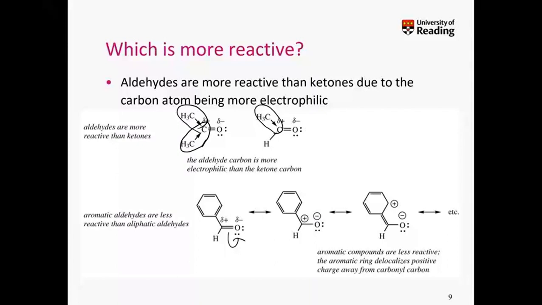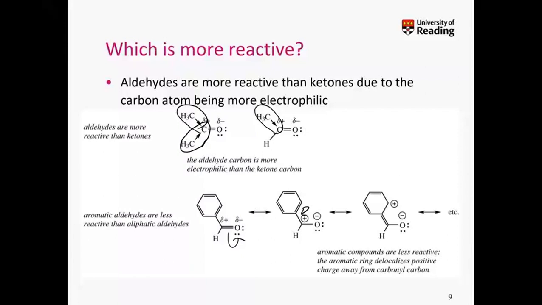The carbon now has a positive charge. Can we do anything about that? Well, yes, because we can take electrons out of the ring to form our double bond, and we can start moving that charge around the ring. So it's just another example of how you can make the carbon of the carbonyl less electron deficient. And if it's less electron deficient, it's less reactive.